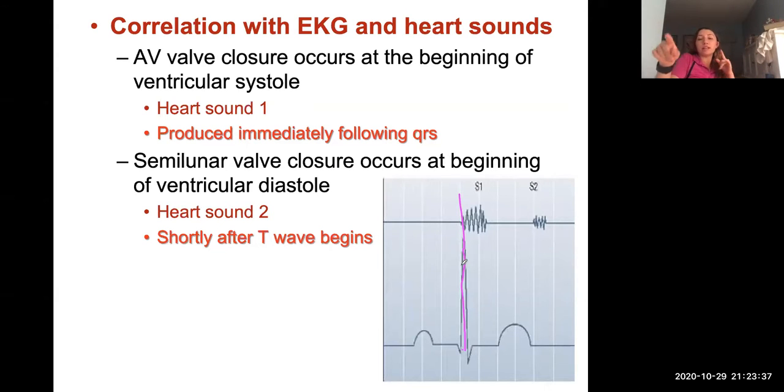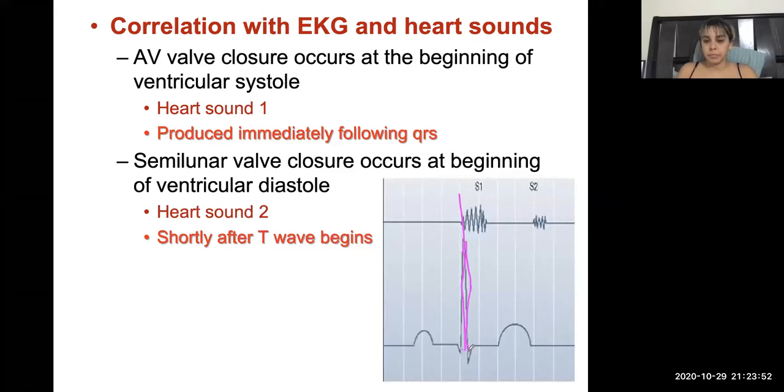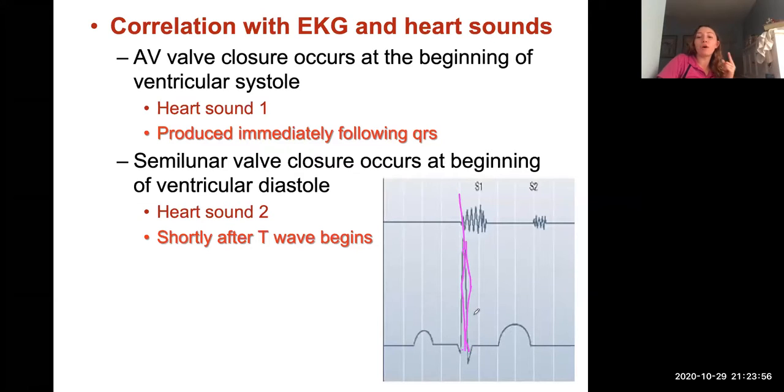But once that AV valve shuts, contraction happens. And once it starts contracting, this happens at the QRS. The QRS is showing you that the ventricles are contracting, and so this signifies the first heart sound.